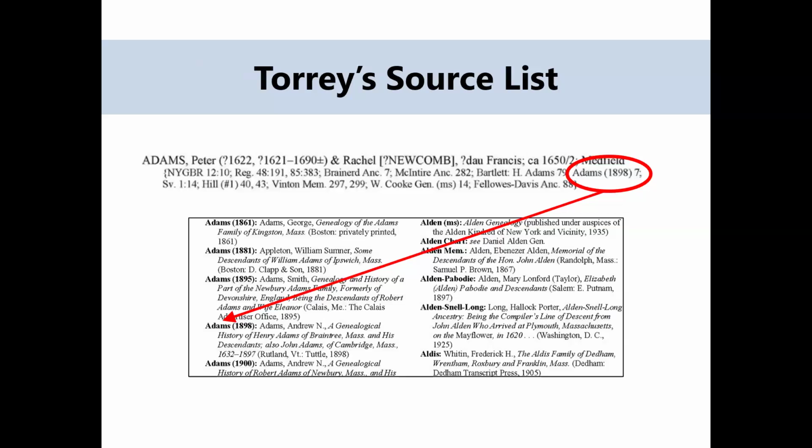When you have the PDF open of the various sources, you can then see that that refers to Andrew and Adams's genealogical history of Henry Adams of Braintree, etc. So once you have the understanding of what it is, you can then go look for those original volumes yourself.